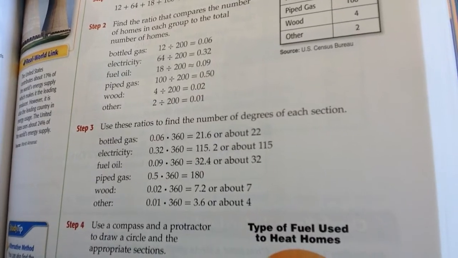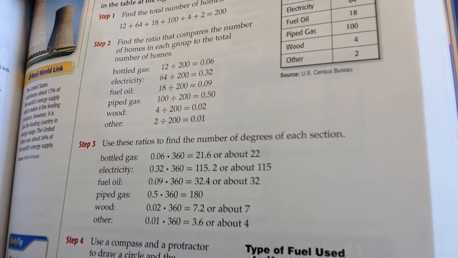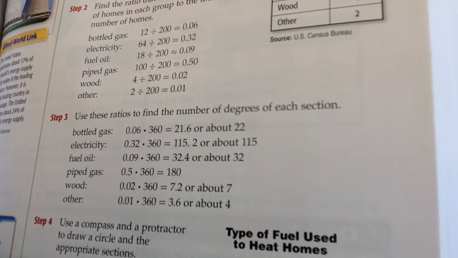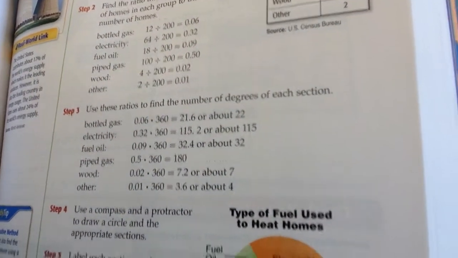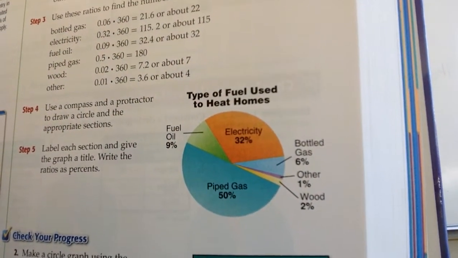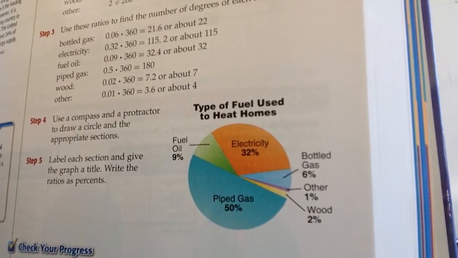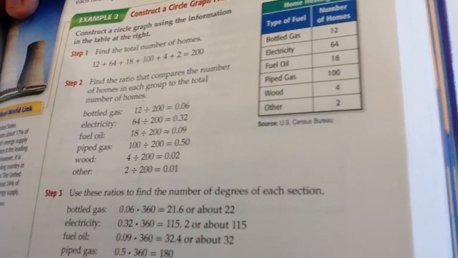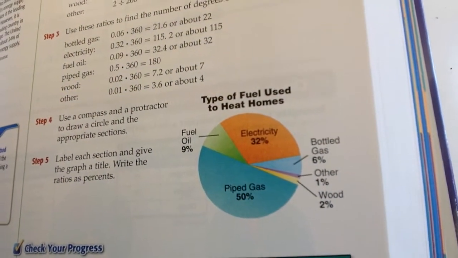Now you take the 0.06 times 360 to figure out about how many degrees each part of the circle will be, and then you create the circle graph. You can see that the piped gas should be exactly half of the circle, since 100 out of 200 homes used it. We figured out that was 50%, and then we created this chart.